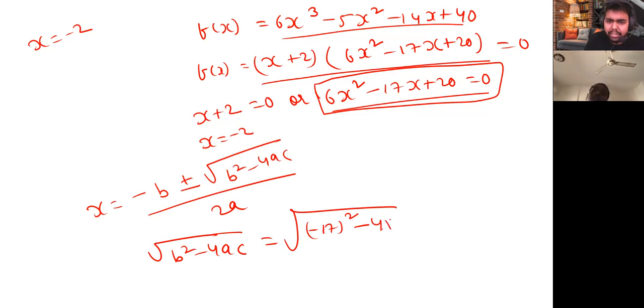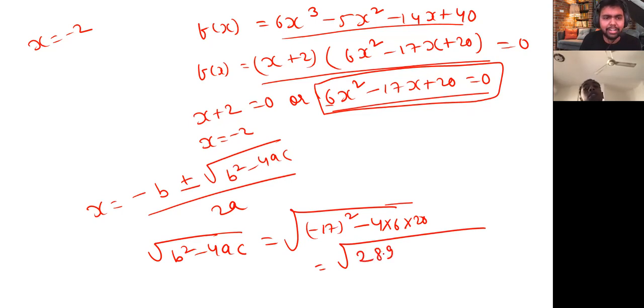What is a? A is 6 and c is 20. Is it clear? Yes. Now try to solve. 17 square is, I told you to learn the square table. 17 square is 289. Very good. Did you calculate it or I told you? No, I calculated.